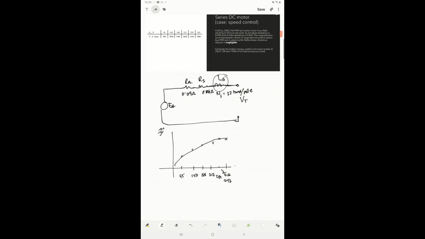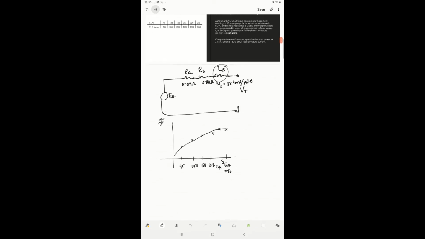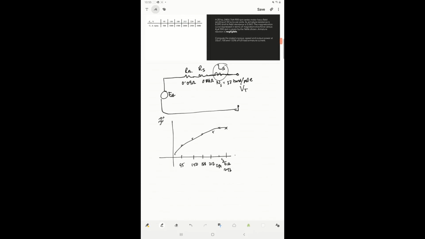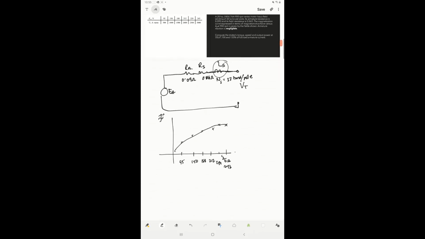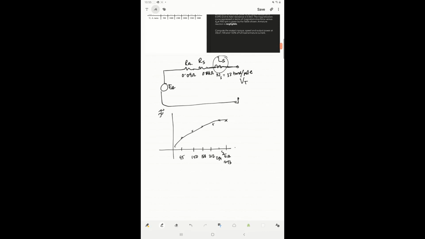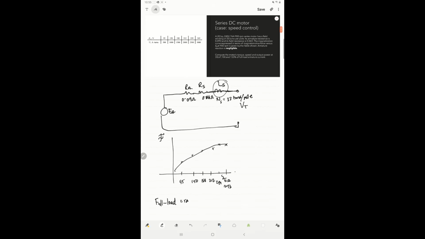In this case, it asks for the motor torque, speed, and output power at 33%, 67%, 100%, and 133% of full load armature current. We know that full load current here is the rated load, 76 ampere.